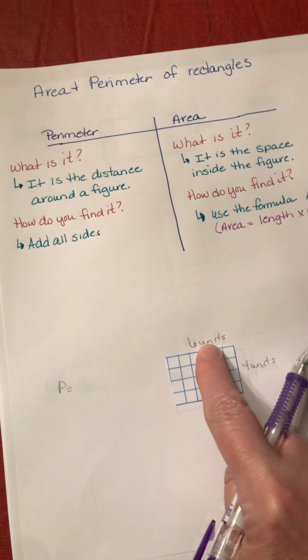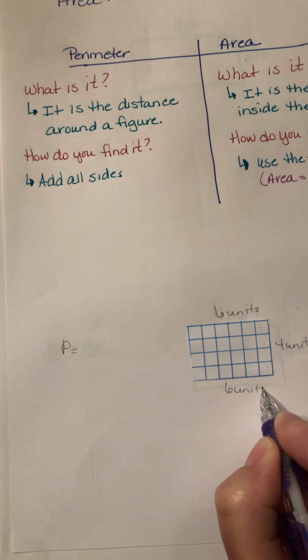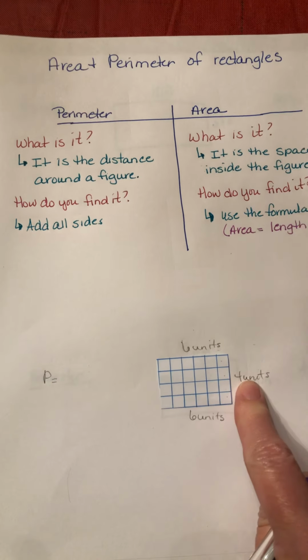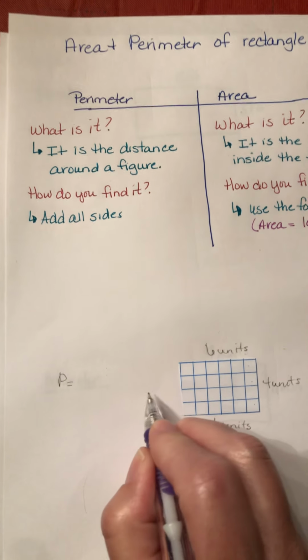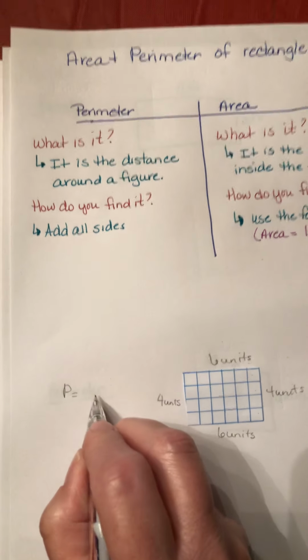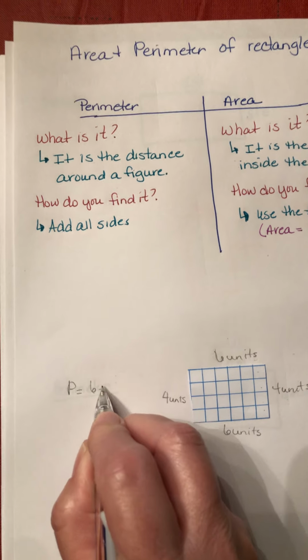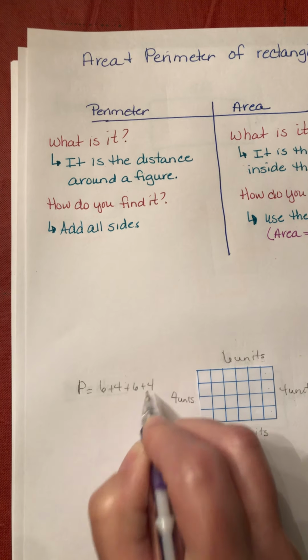So if it's 6 units over here, it's got to be 6 units here. Likewise, if it's 4 units on the right-hand side, it's got to be 4 units on the left. So we're going to find the perimeter by adding 6 plus 4 plus 6 plus 4.